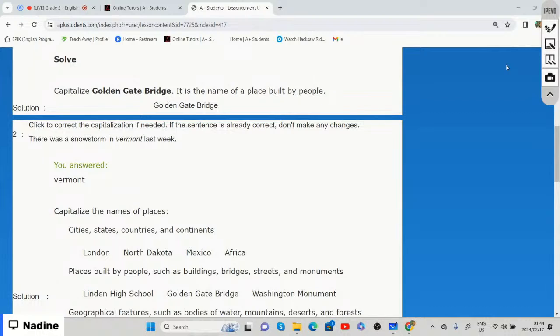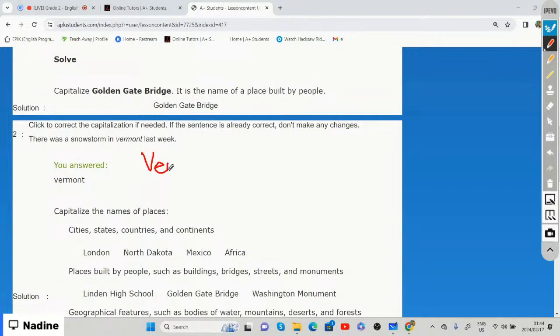So Vermont, right? And if we correct that word Vermont, then we capitalize the V for Vermont, right? And we capitalize that name of the place.